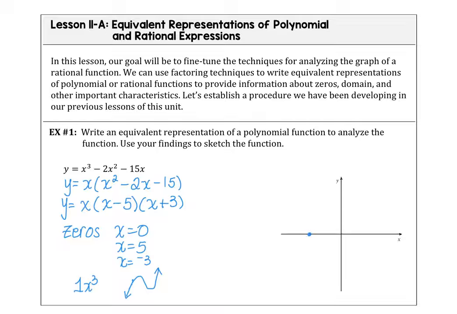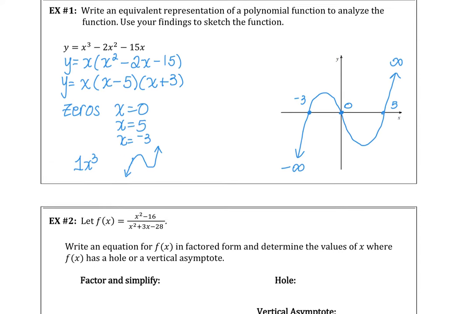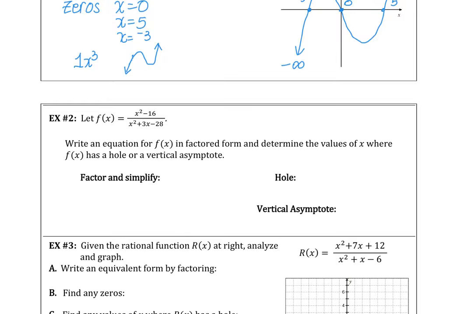With 3 zeros, one at negative 3, the graph is going to go up, come back down, and then another at positive 5. So 3 zeros, the end behavior is down on the left and up on the right. So we can use techniques throughout the unit based on our knowledge to create graphs.